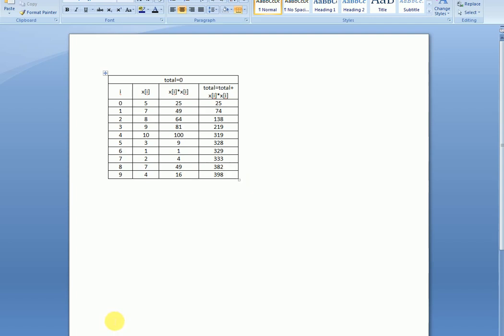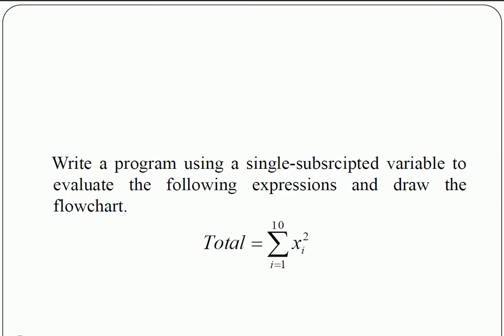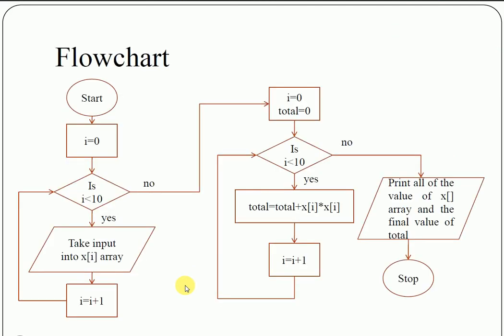Now we proceed to the flowchart portion. Here our program is divided into two portions. The first one is the input taking portion, and this is the portion calculating the sum of the squares.